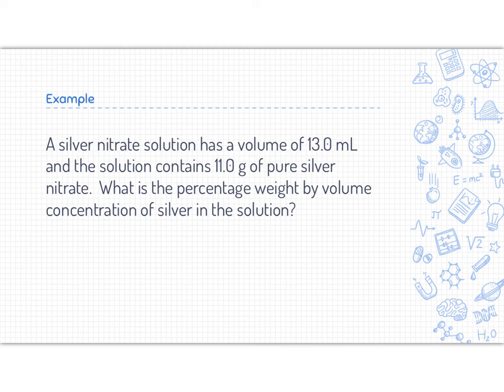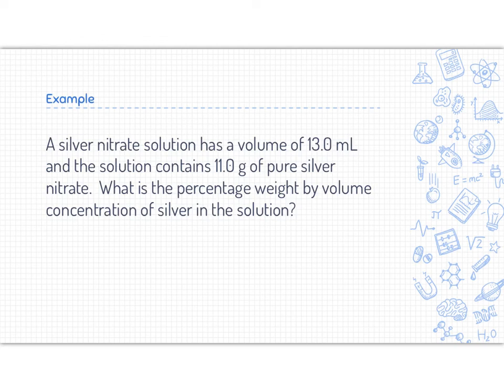Okay, a silver nitrate solution has a volume of 13 milliliters and the solution contains 11 grams of pure silver nitrate. What is the percentage weight by volume concentration of this solution? What is the percentage? Careful, because in your notes, this is ever so slightly different. So add the same words.